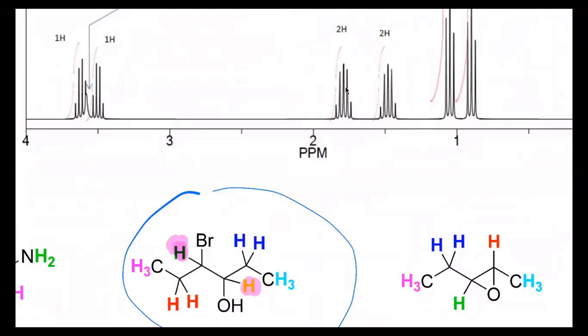Mm-hmm. Okay. All right. Now let's take this hydrogen, because they're both going to integrate. You can see that downfield, both signals integrate for one proton. The question is which is which, right? Because let's think about the green proton for a second. What should the splitting pattern be for that?